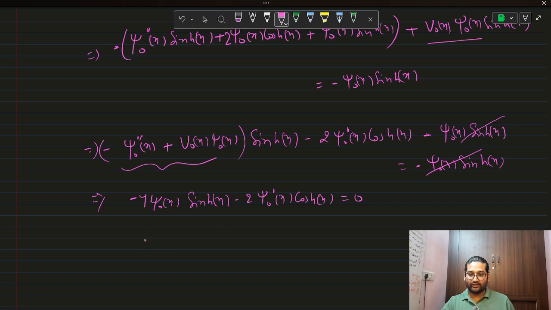Now just take minus 2 psi naught dash x cos hyperbolic x is equal to, take this to the right side, 4 psi naught x sine hyperbolic x.